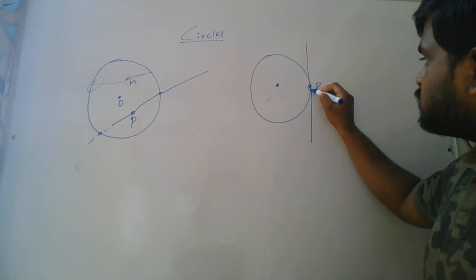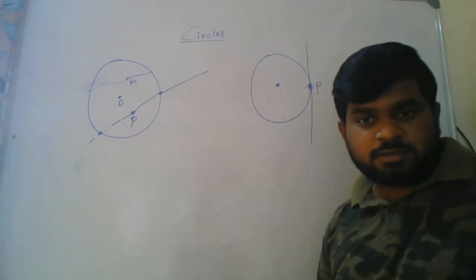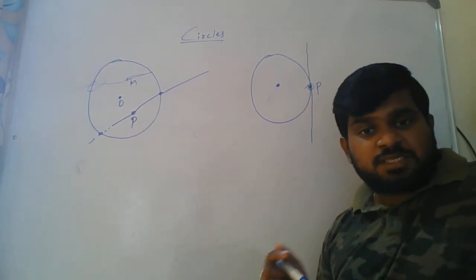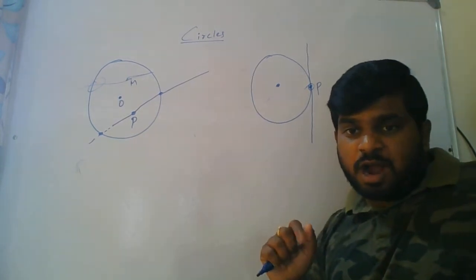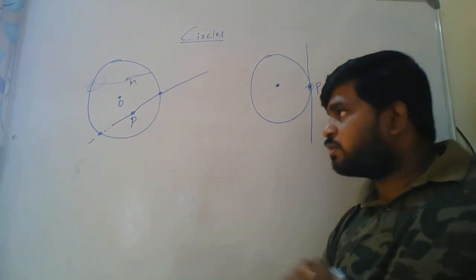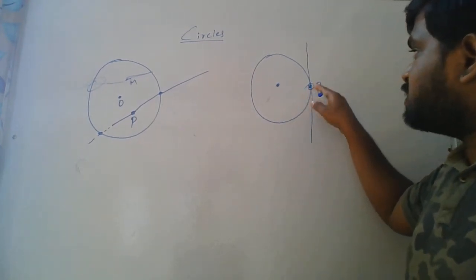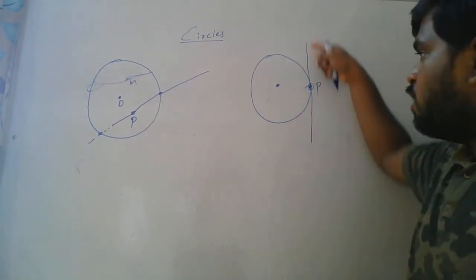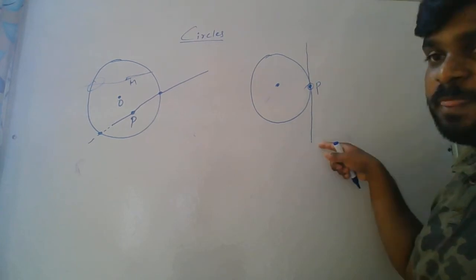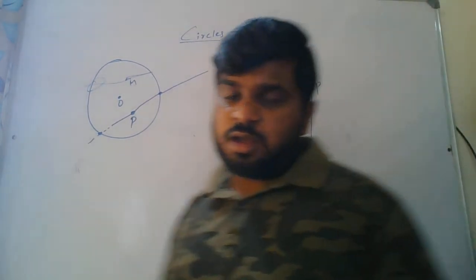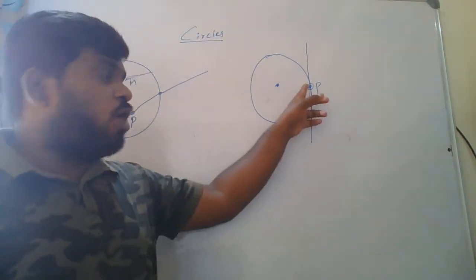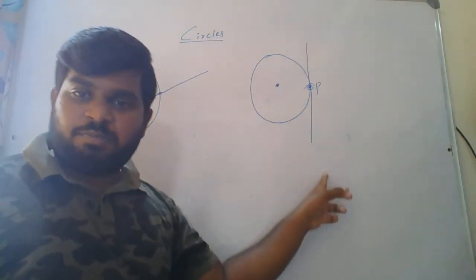At the same time, it is also passing through the given point. Which means, in other words, if the point is on the circle, then you can draw a tangent to the circle. How many tangents can be drawn through this point? Only one tangent. There is nothing else other than this. So if a point is on the circle, one tangent can be drawn.